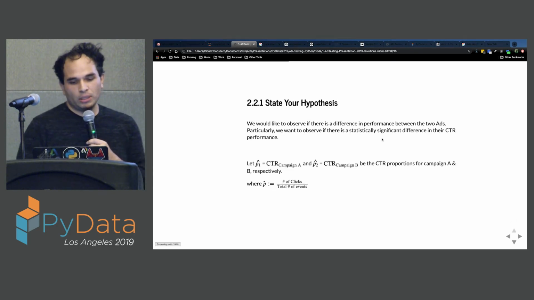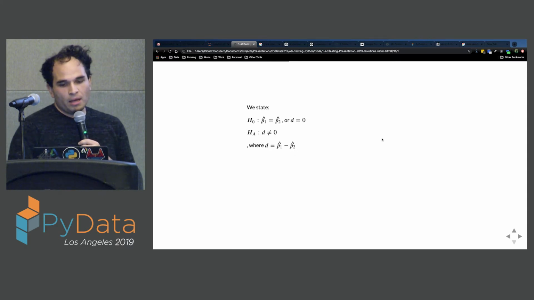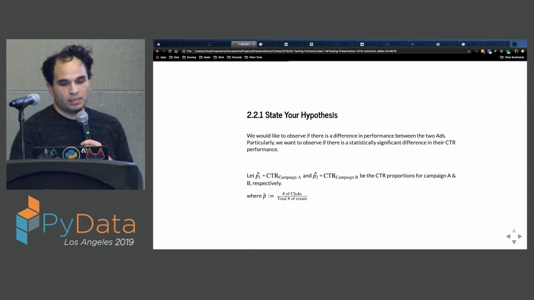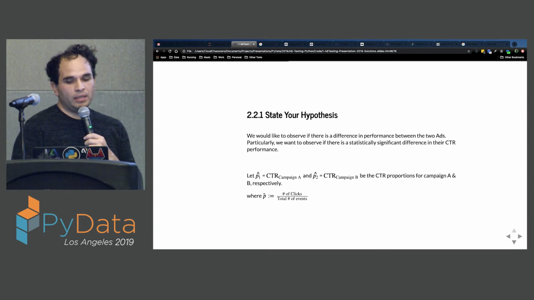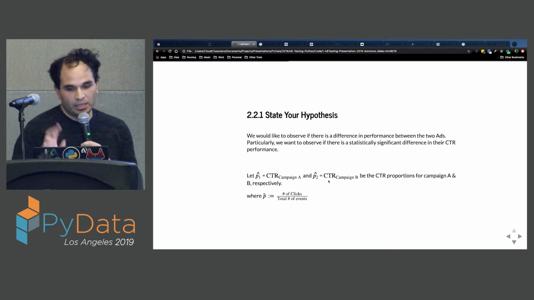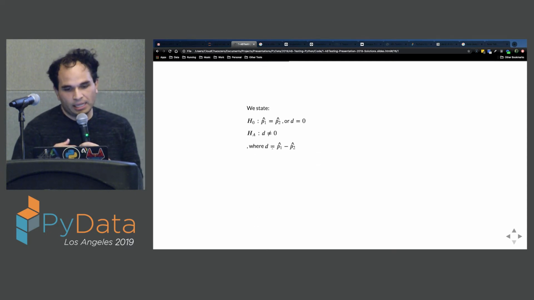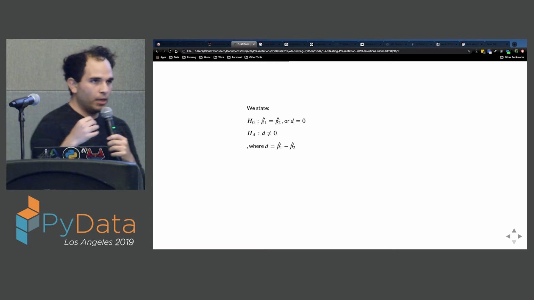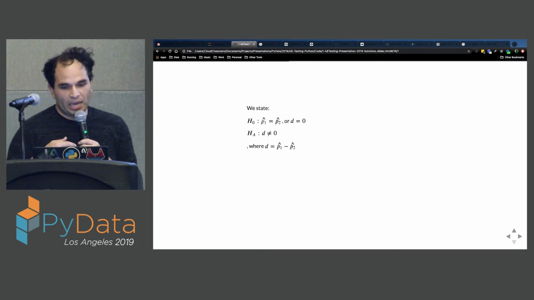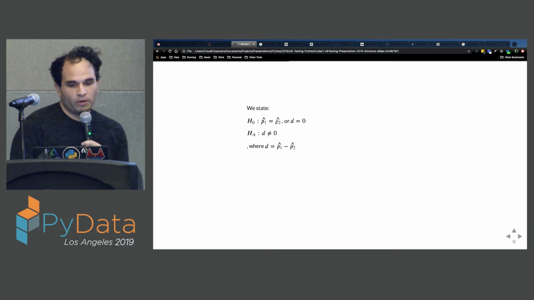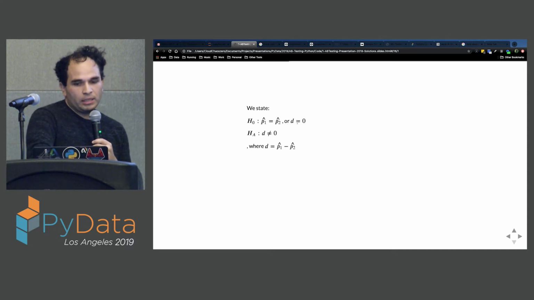We come at the initial assumption for our click-through rate for both respective campaigns, A and B. Let's define them as the click-through rate P hat subscript 1 and respectively P hat subscript 2 for campaign A and B, and state the initial null hypothesis that there is no difference between the click-through rate for campaign A and the click-through rate for campaign B, or D equals 0.